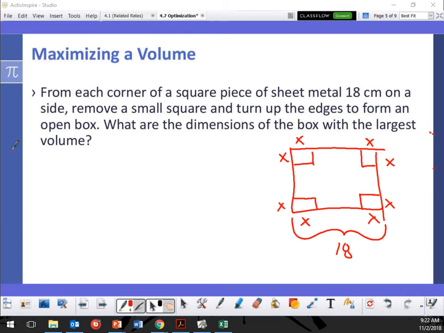So we're going to turn up the edges. So I know I'm maximizing what here? Volume, very good. So if I'm maximizing the volume, from here to here, let's call this Y, the piece that's not being cut off.